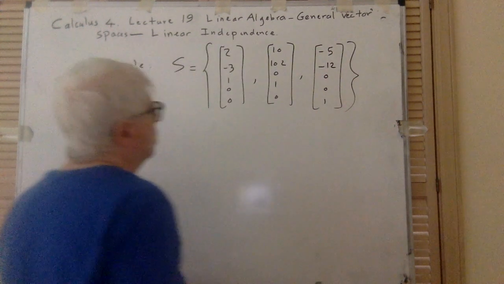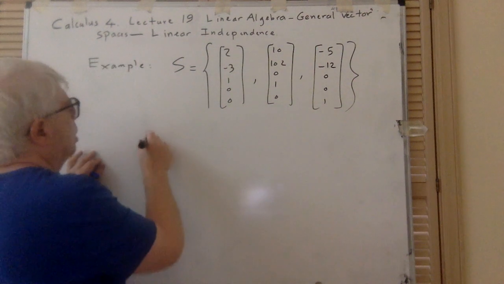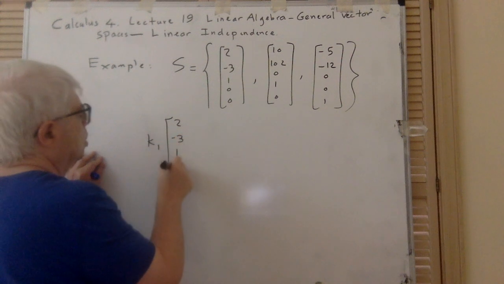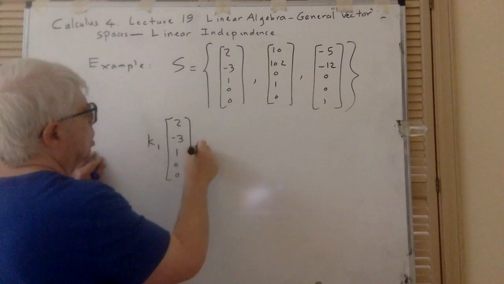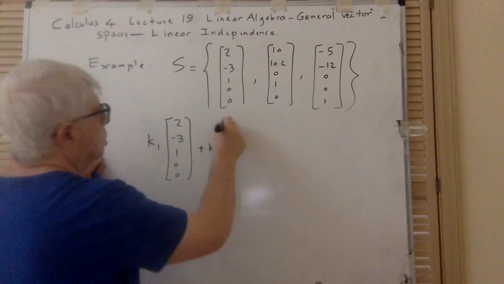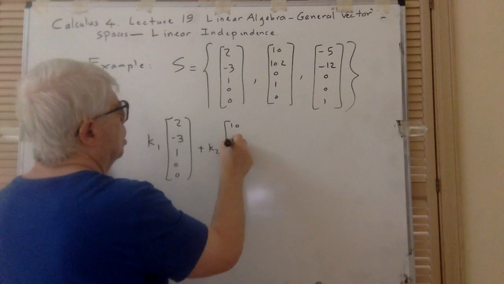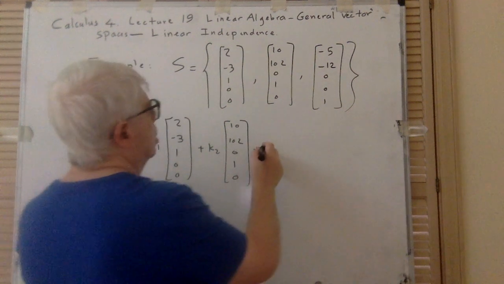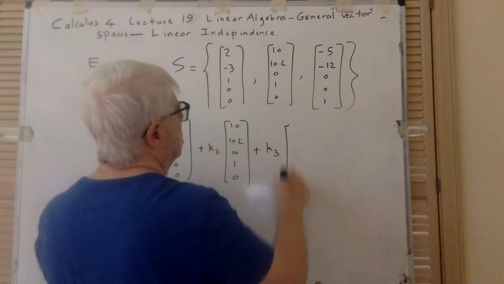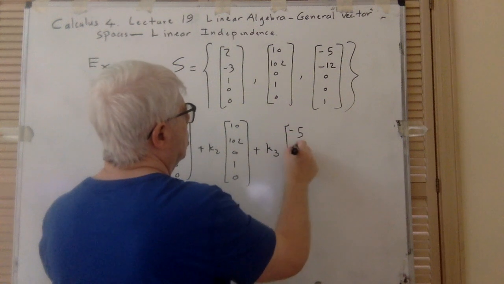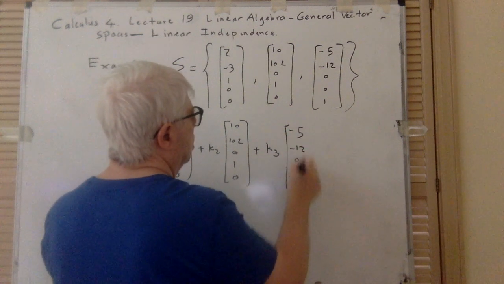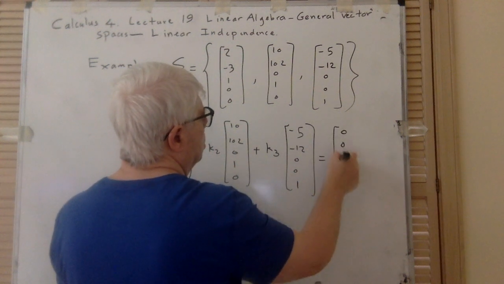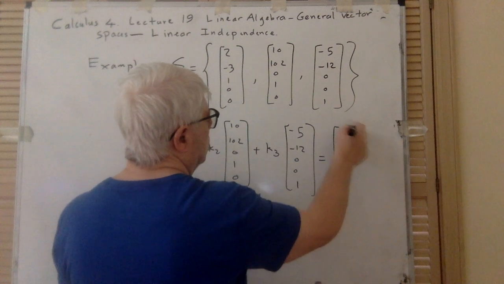So let's multiply K1 times the first one, K2 times the second one, K3 times the third one, and then it equals 0, 0, 0, 0, 0, right?